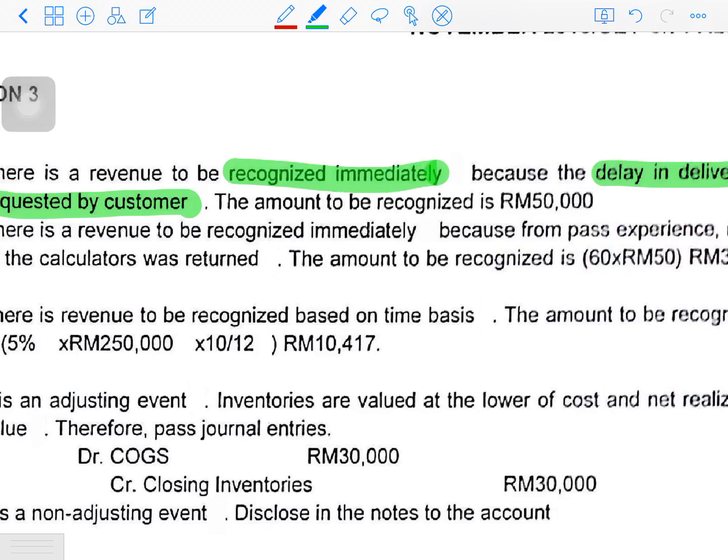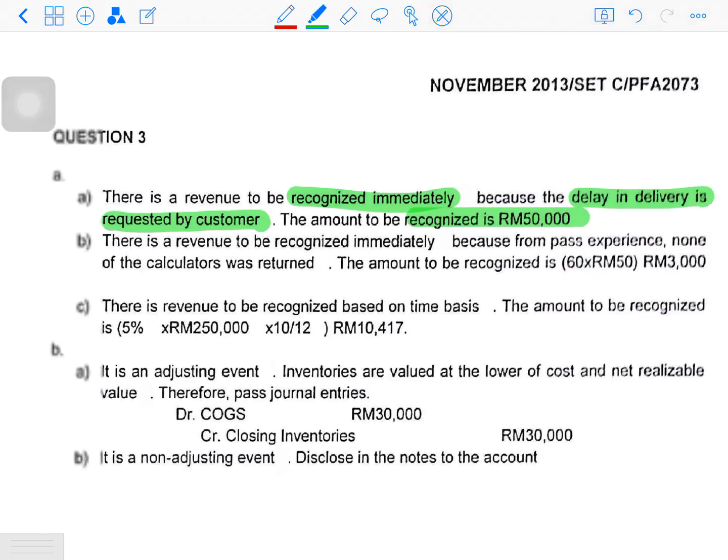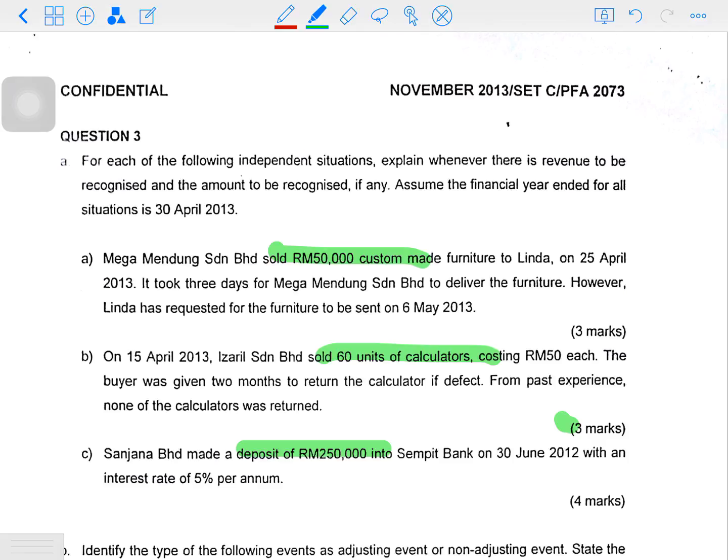Revenue is recognized immediately. The amount to be recognized is 50,000. So that is the answer that we are looking at. You have to answer when should we recognize, how much should be recognized, okay? Why you should recognize that, okay? The reason.